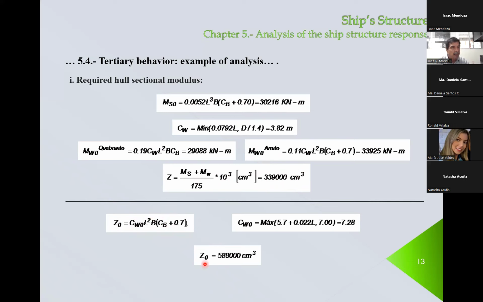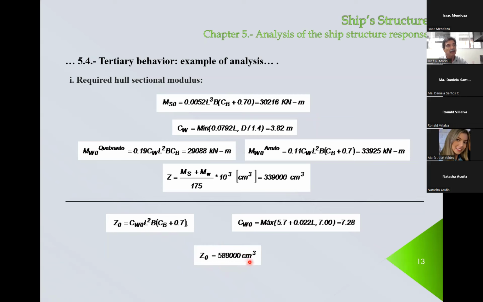My impression is that this requirement is like the other limit state, the accidental limit state. So this is like the common situation, floating, navigating in waves, and this is like an extreme situation.